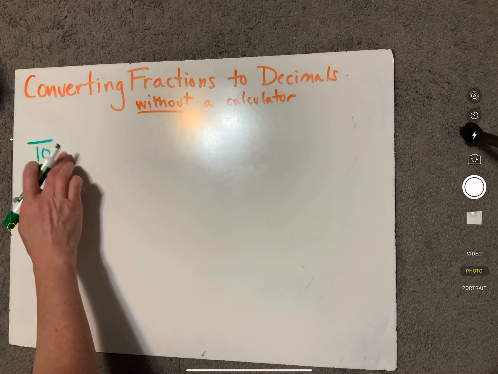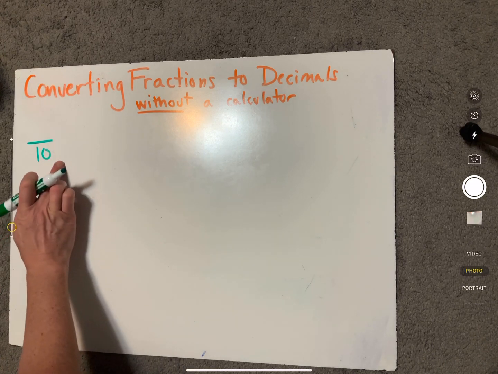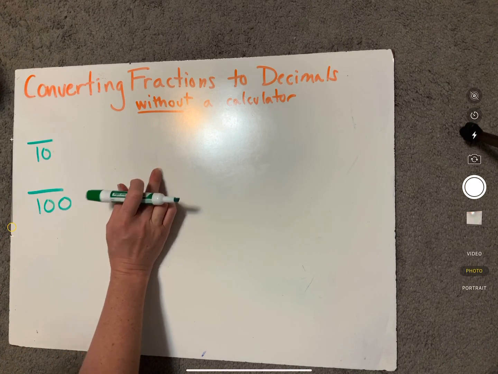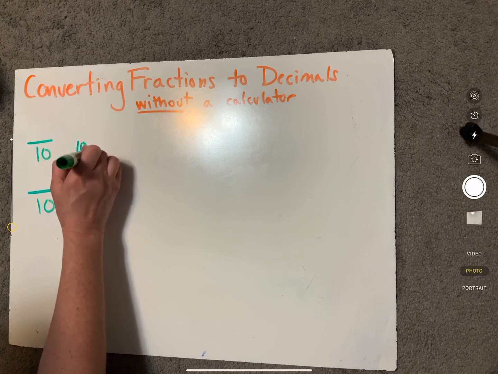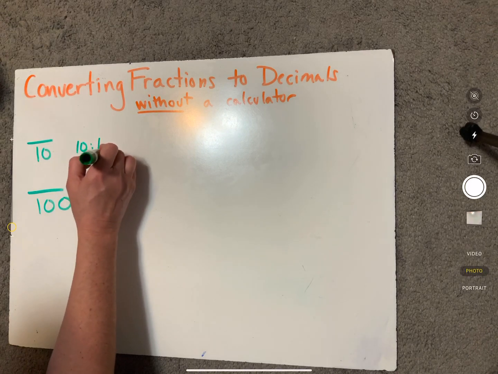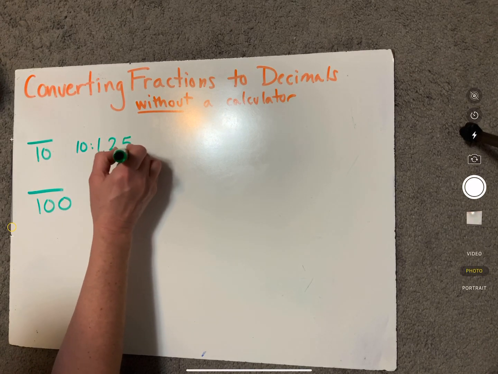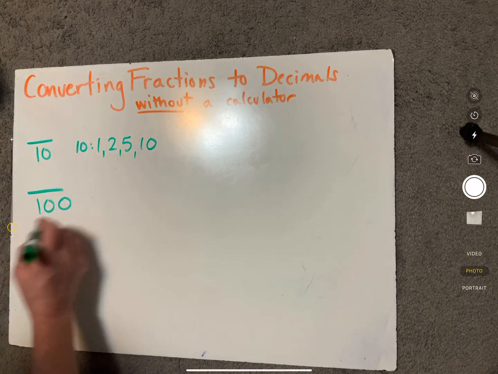So what we want to think about is what are some factors of 10? Factors of 10 would be 1, 2, 5, and 10.